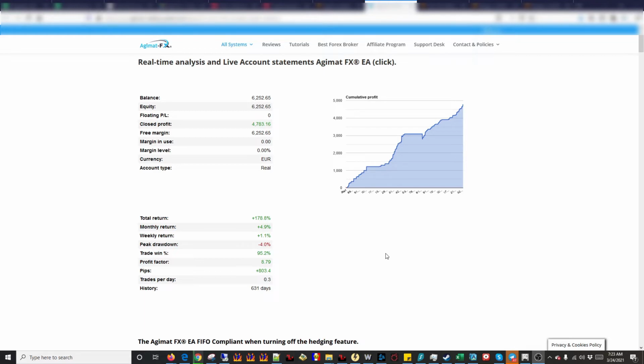And I would say generally with this agimat EA, it is not a full-blown scam, and neither is the indicator system, but it's scam-me. I think the company that produces this plays fast and loose with the facts and the way they present things. So you have to always have your radar on with this company.